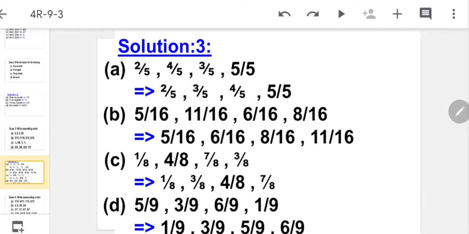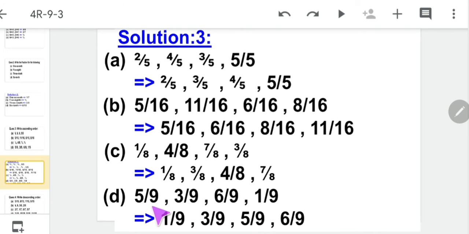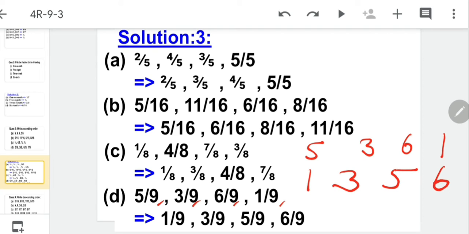Now the last one is, we have 9 in the denominator and numerator are 5, 3, 6 and 1. So place them according to the ascending order. So it will be 1, 3, then we have 5, then we have 6. Now we have to place 9 in the denominator.